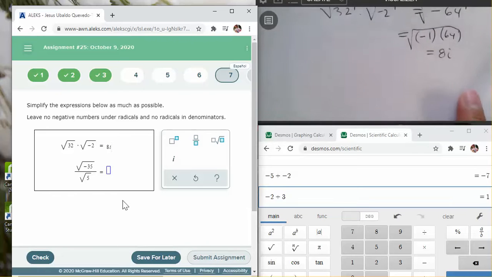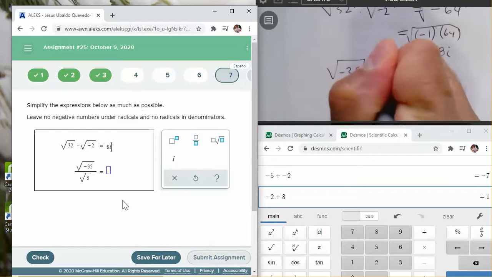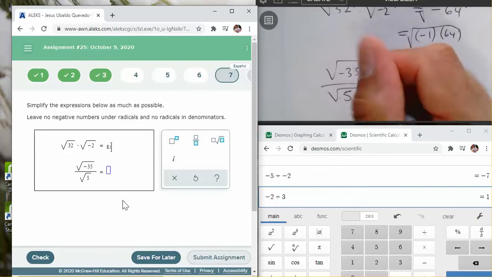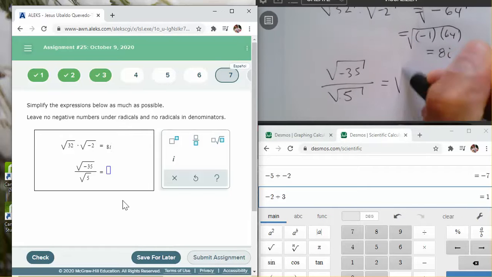For the second part of that exercise, we have a fraction. Then we do -35 divided by -5. That will be -7.